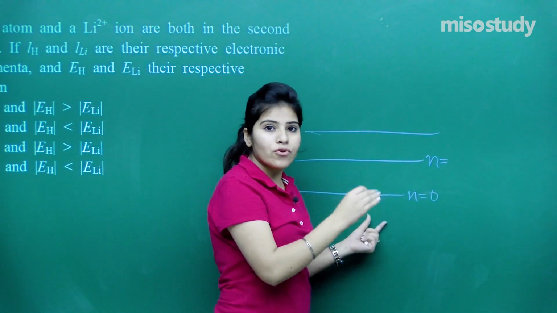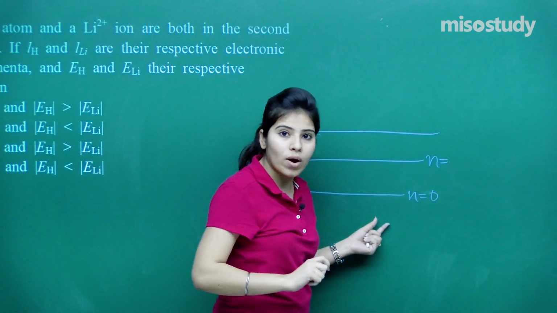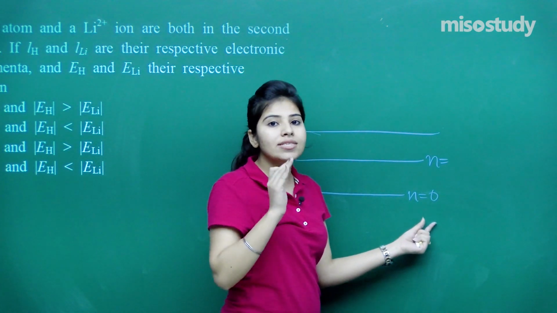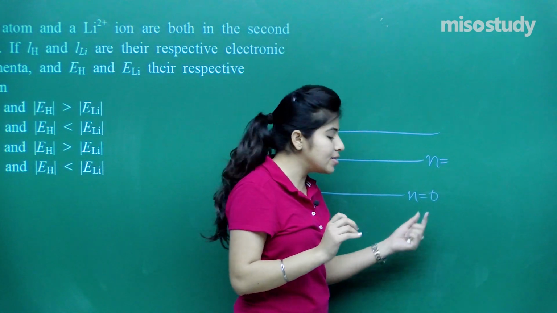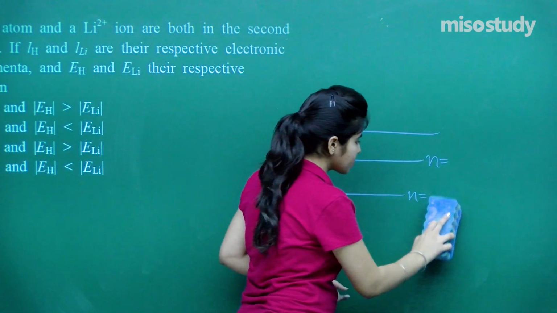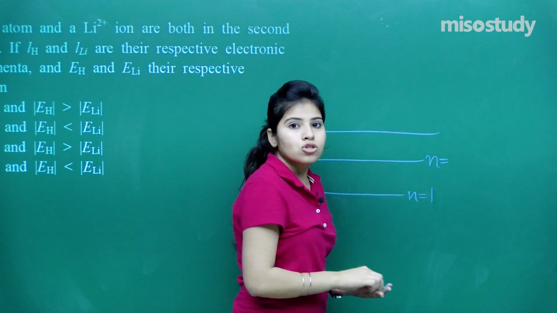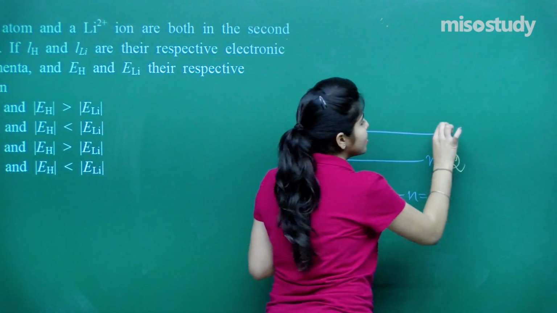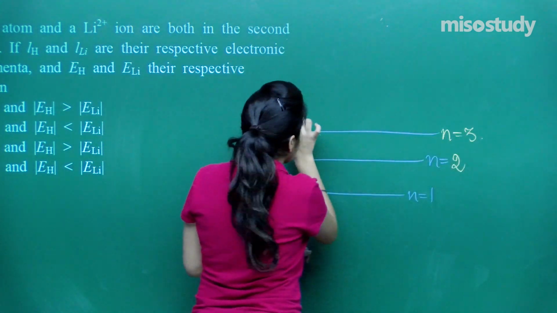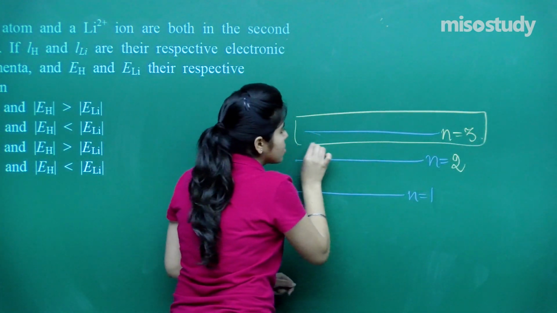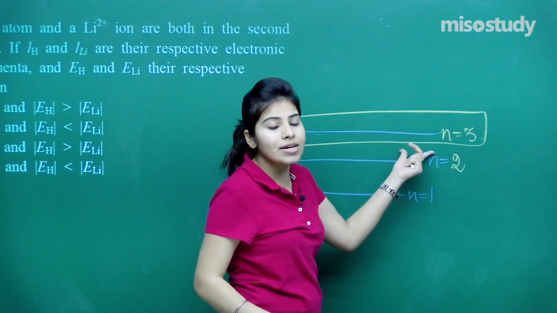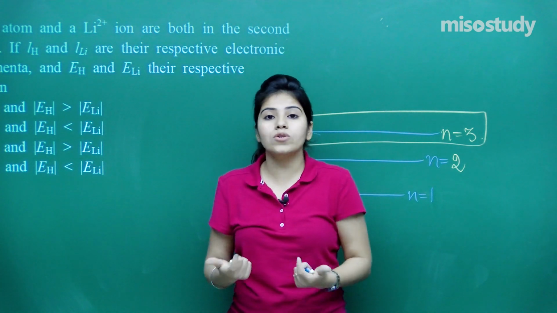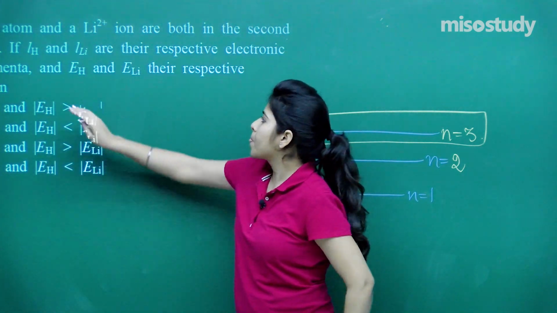But basically, if we start with the ground state, we consider here n equals 1. So your first excited state will be n equals 2, and your second excited state will be n equals 3. So from this line we get to know the value of n.